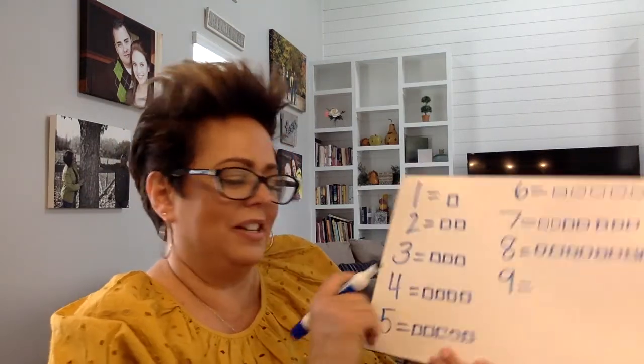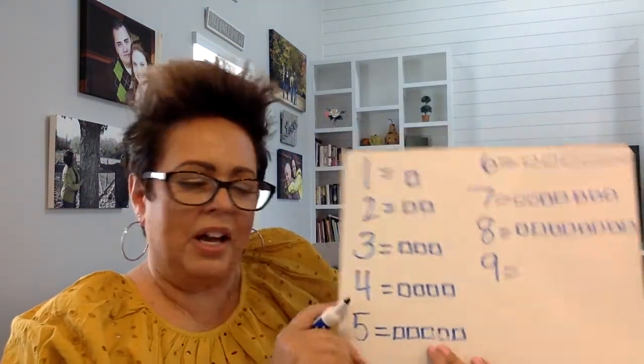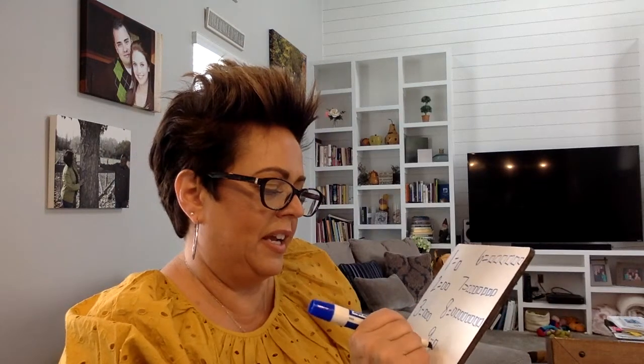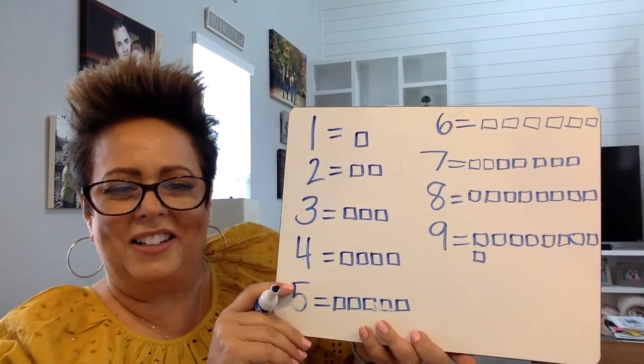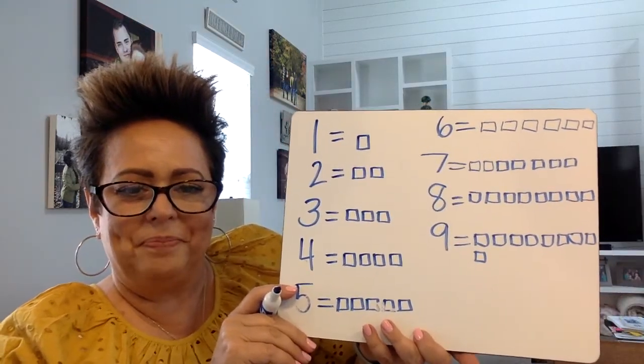Okay, number 9, we're going to show 9. The number 9, and we're going to show 9 cubes. Ooh, I'm going to have to make one down here. Okay, there is my 9 cubes.